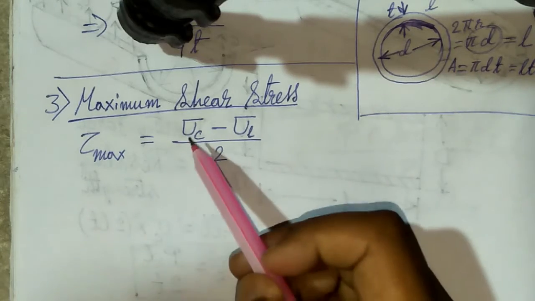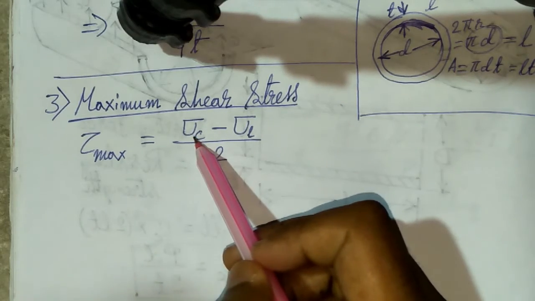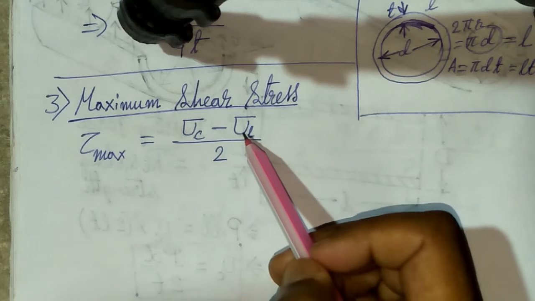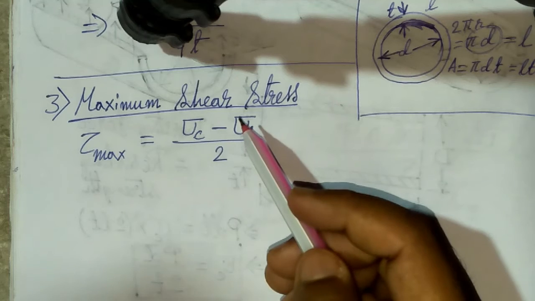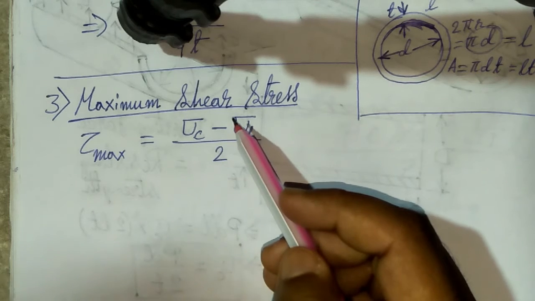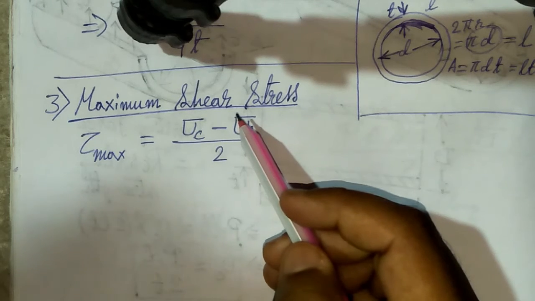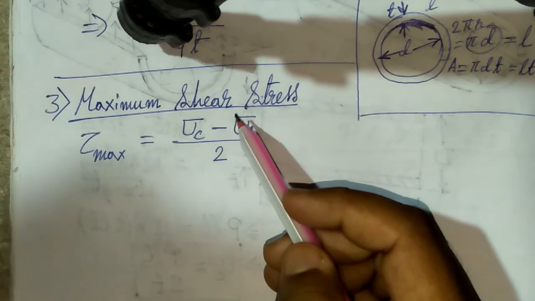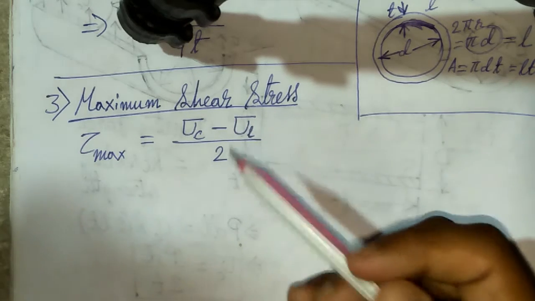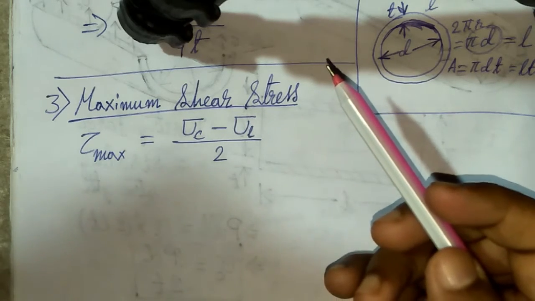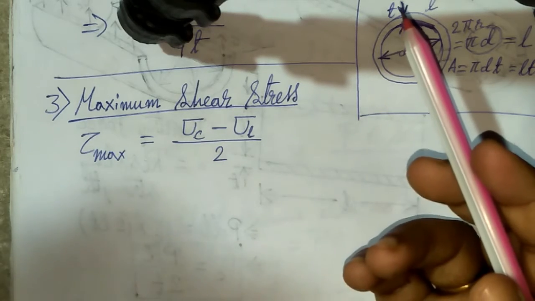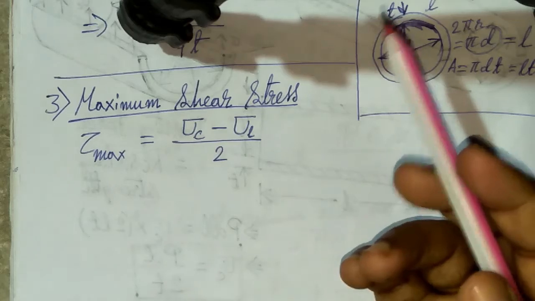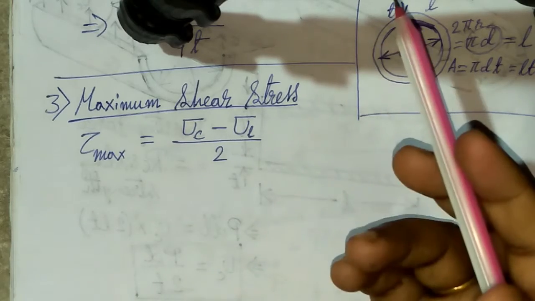First one is sigma c, that is hoop stress, and second one is sigma L, that is longitudinal stress, which are principal stresses, and as such the planes in which these act are the principal planes. These planes are mutually perpendicular to each other.